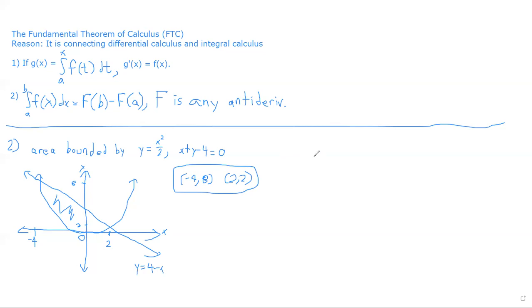So here we have A is equal to the integral from -4 to 2 of 4 minus x, subtracted by, because that 4 minus x is the higher of the two curves, x squared over 2, dx.